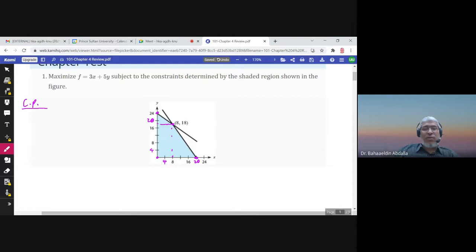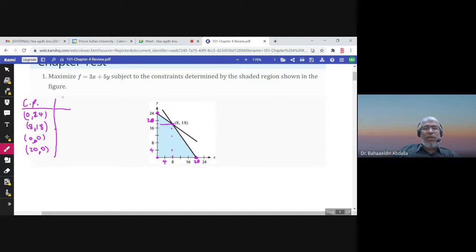So we make a table. I have the corner point 0 and 24. I have the corner point 8 and 18. 0, 0, of course. And I also have 20 and 0.